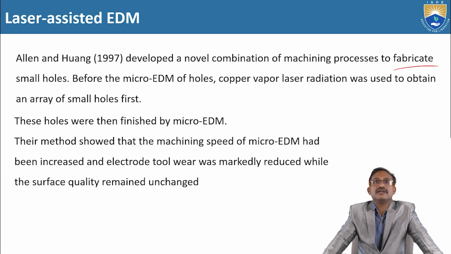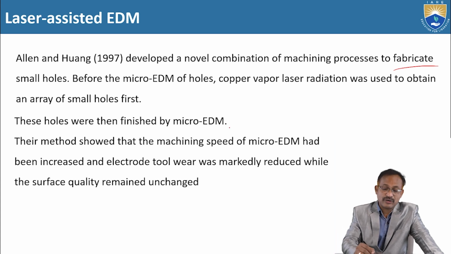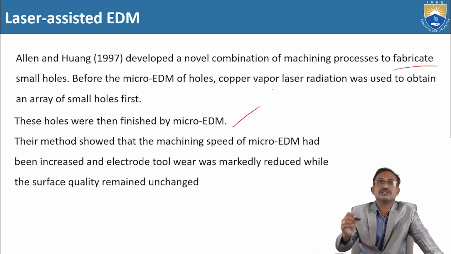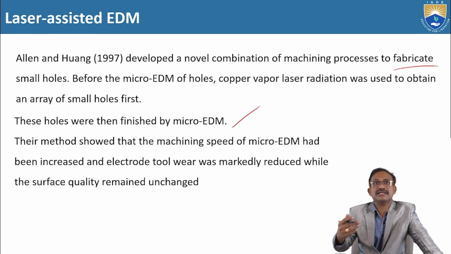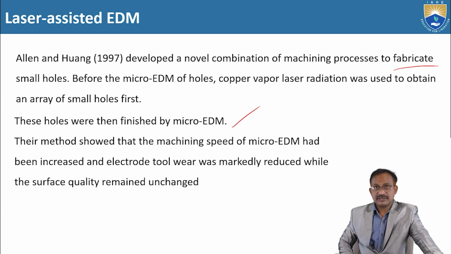These holes were then finished by micro EDM. So first the holes will be made, and next the holes will be finished by micro EDM. Their method showed that the machining speed of micro EDM had been increased and electrode tool wear was markedly reduced, while the surface quality remained unchanged.